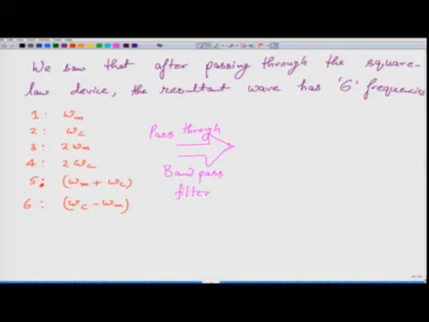So, band pass filter allows only omega c plus omega m and omega c minus omega m to pass and blocks all other frequencies including the DC part. So, at the output now we will have all these 3 frequencies that are needed.